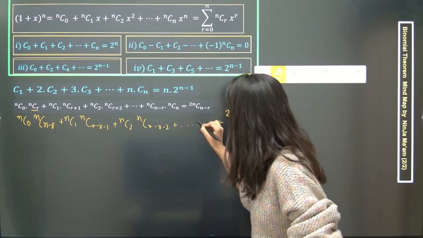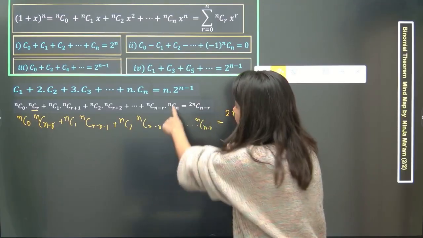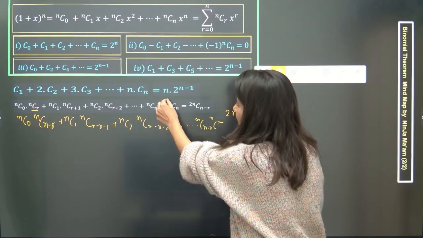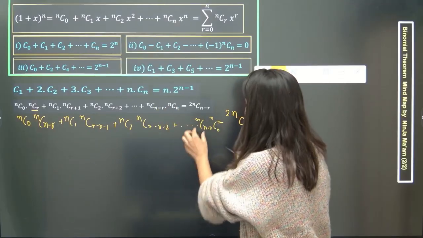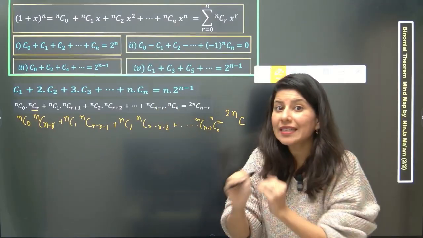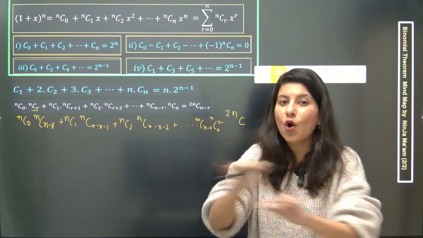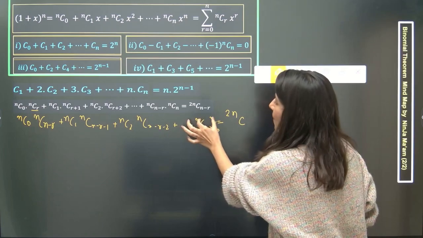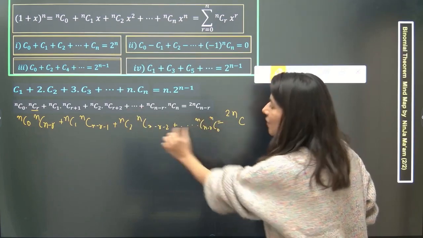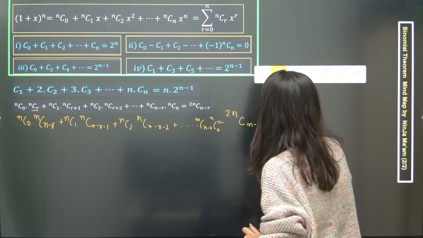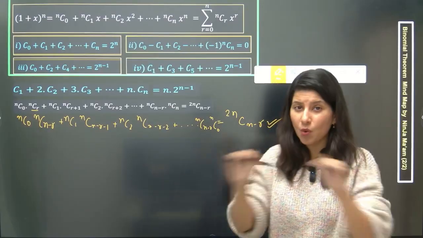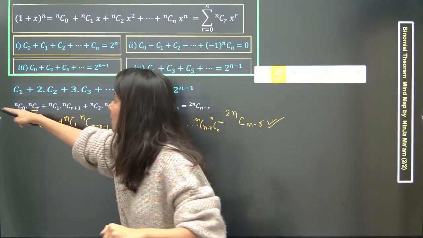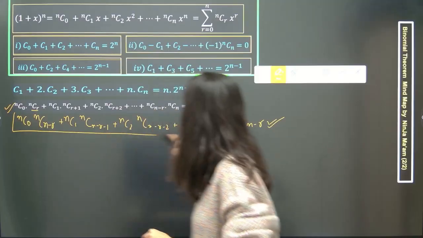And last also, nC n minus r, the second index will become nC(n minus n), 0. So nC0. Can you see again the lower index sum? I can see straight always n minus r. So your answer will be 2nC(n minus r). This is your answer. Very, very important. This one is very important.